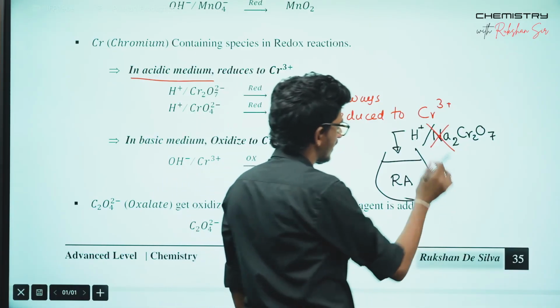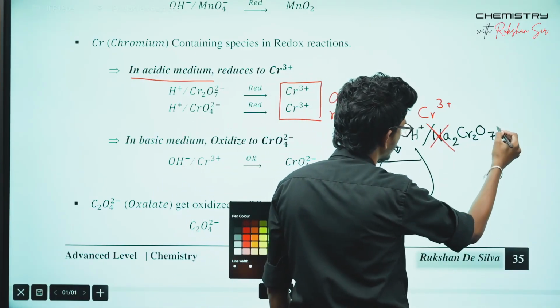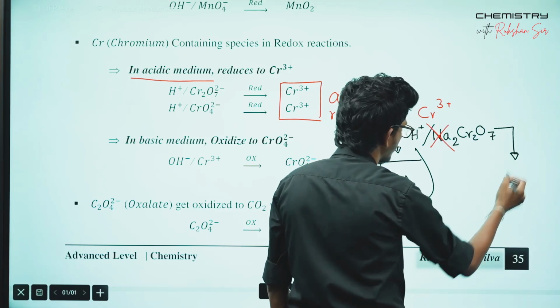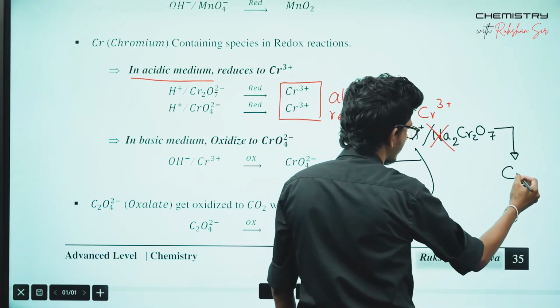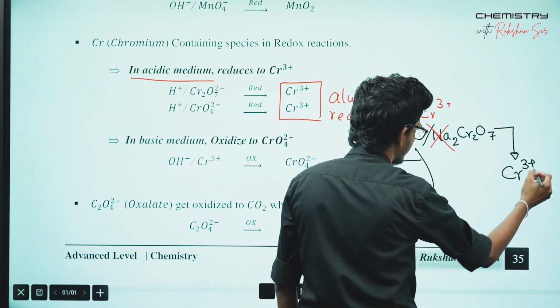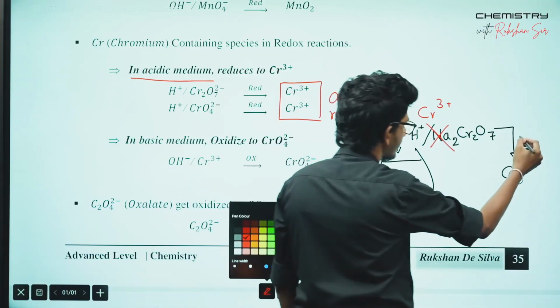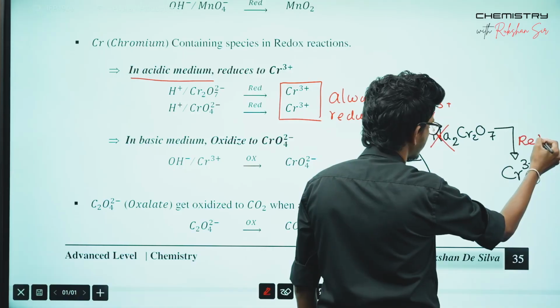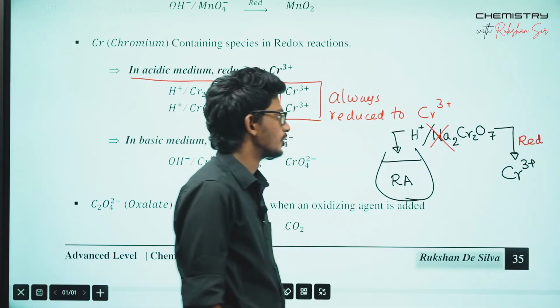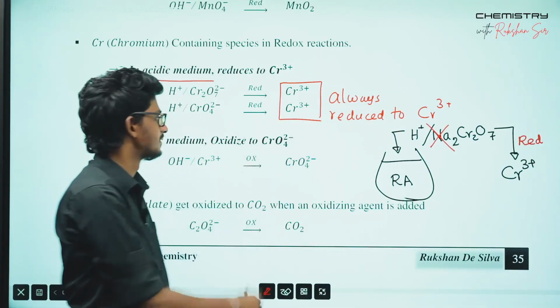The chromium containing species in acidic medium always tends to reduce to Cr3+. It's a reduction. That is what this rule says.